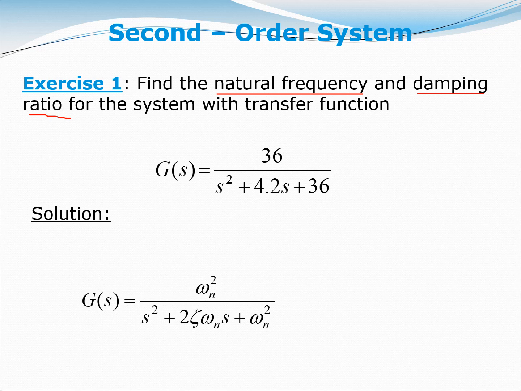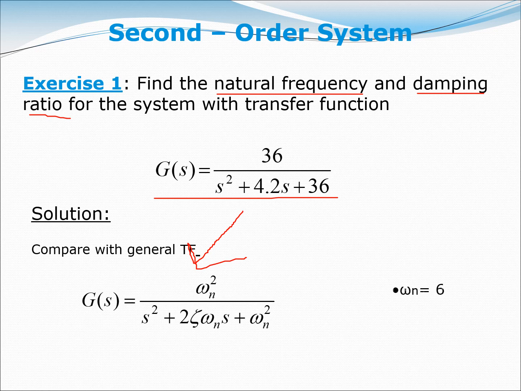First you need to convert this G of S into the common second order system template. After you convert to this template, you can easily find omega n and zeta. So omega n is equal to 6 and zeta is equal to 0.35.